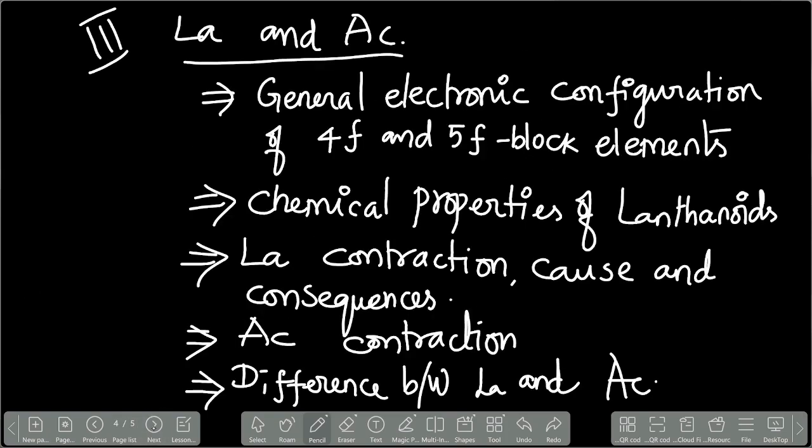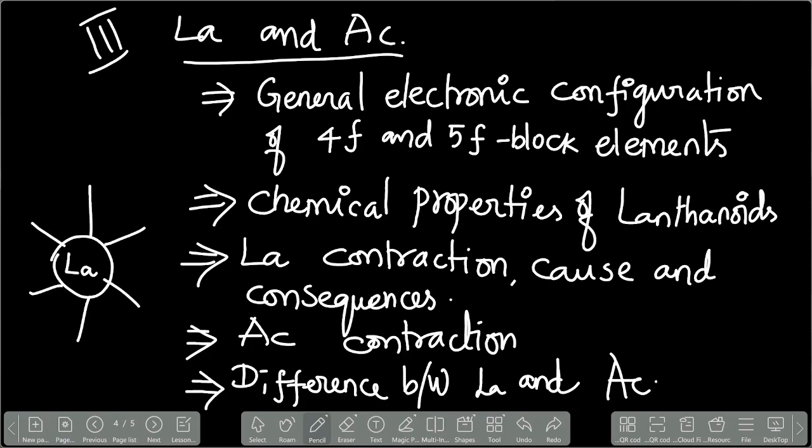And the third part of this chapter is f-block elements, lanthanides and actinides. Here also you must know the general electronic configuration of 4f block, which means lanthanides, 5f block elements, actinides, and chemical properties of lanthanides. Maximum students are not focusing on the chemical properties. Actually, in the textbook it is given only in a circle.